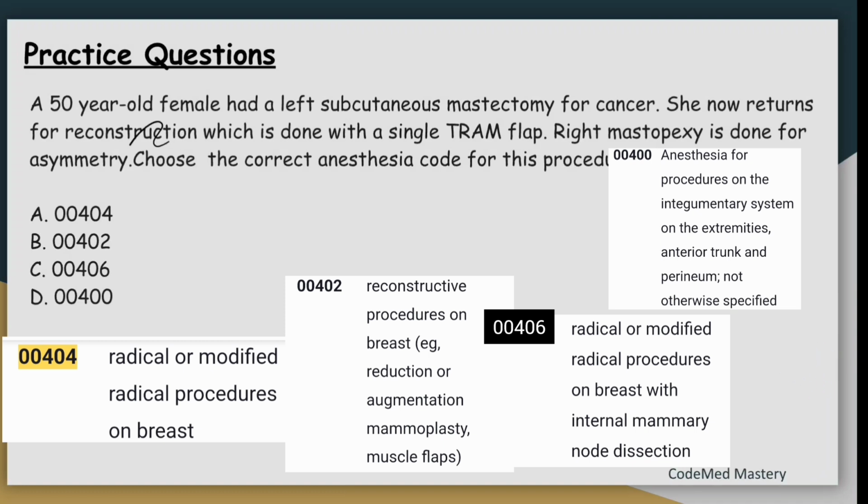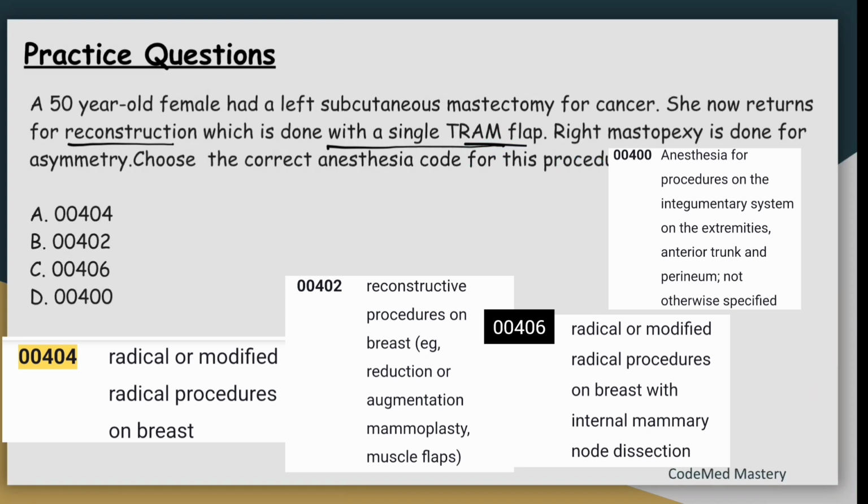In the scenario, they are performing reconstruction which is done with single TRAM flap. So, which code is matching with the scenario? 00402, which is for reconstructive procedures on breast, example reduction or augmentation, mammoplasty, muscle flaps.